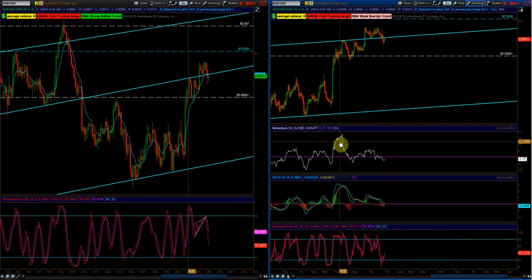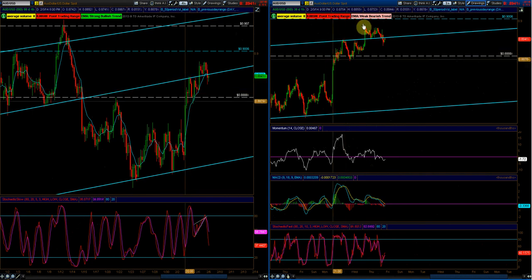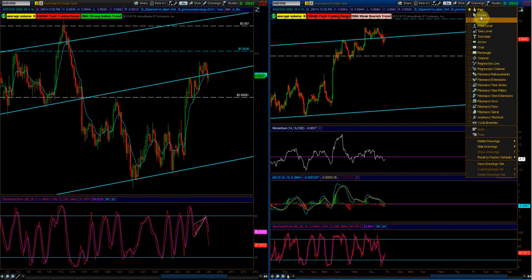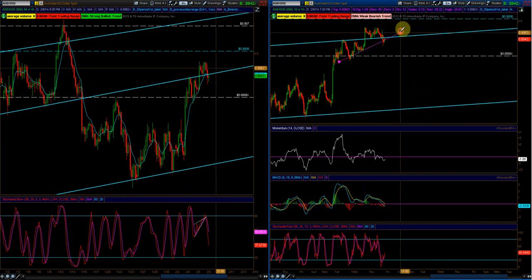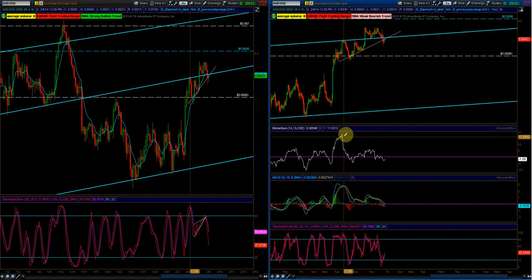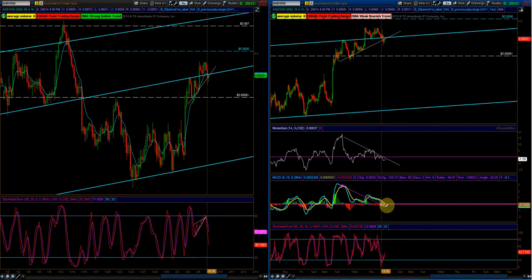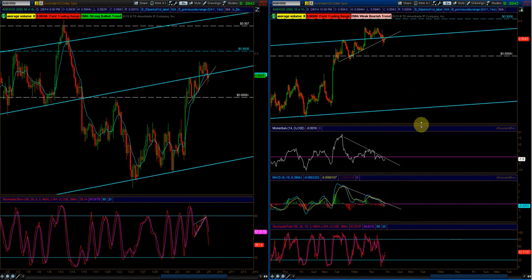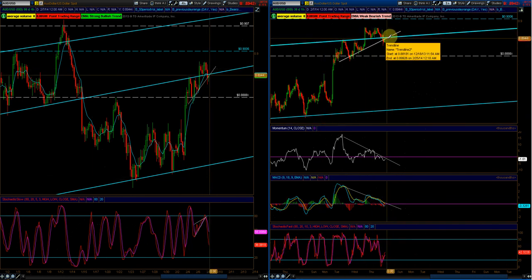You can see that this high was at this point here, and even though the price action showed a continuous upward direction, the momentum is clearly not in the same direction, and as well in the MACD, which helps prove the divergence is there. So this is an entry to take a short for me.